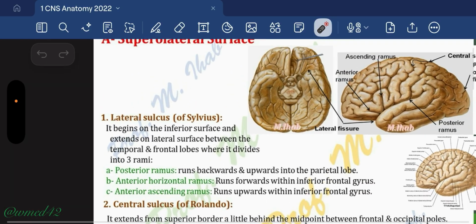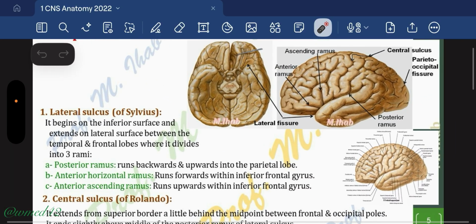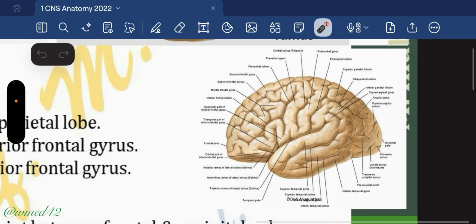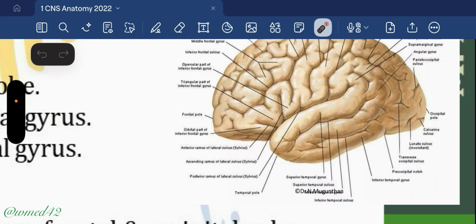The posterior ramus runs backward and upward into the parietal lobe. So this is the posterior ramus of the lateral sulcus. Here it is.